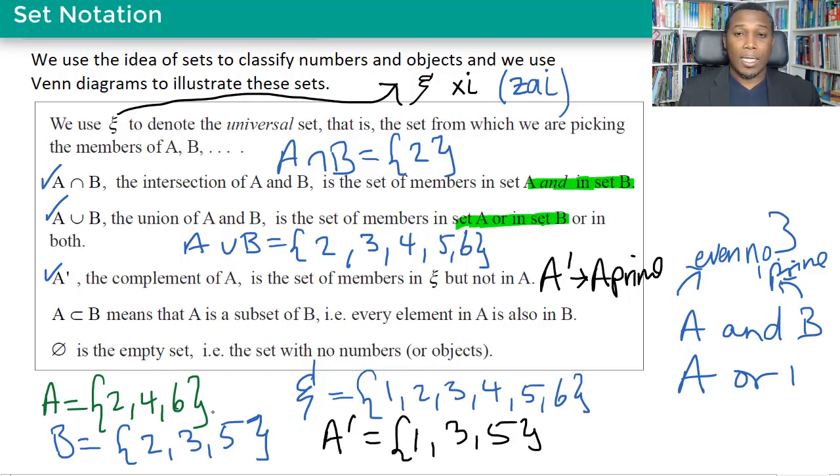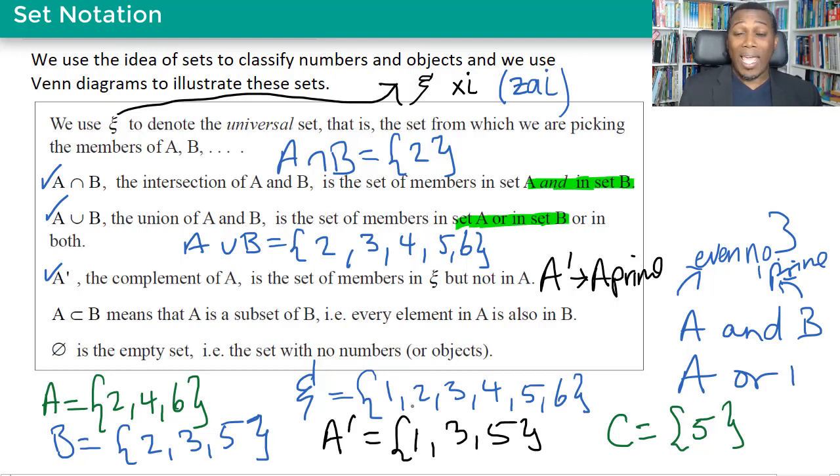But if I was to just add, I don't have a lot of space to add it here, but if I was to say C is the set of numbers that are multiples of 5, then in this context with the universal set 1, 2, 3, 4, 5, 6, the only number that's a multiple of 5 in that list is 5.